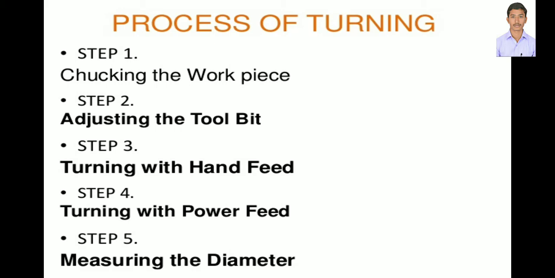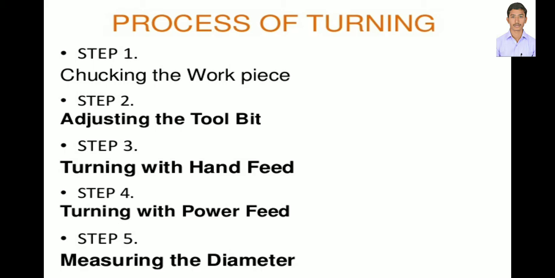Depending on the type of material we are taking, we use different types of tool bits. The cutting tool taken on the lathe machine should suit the workpiece and the operation.